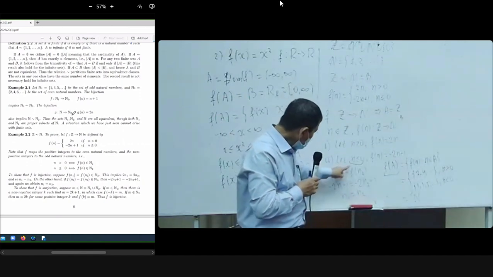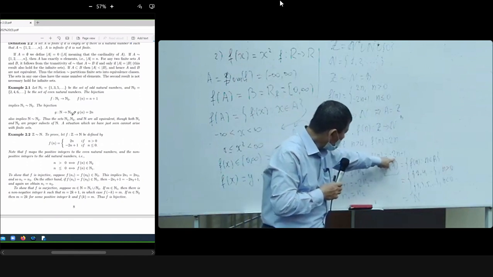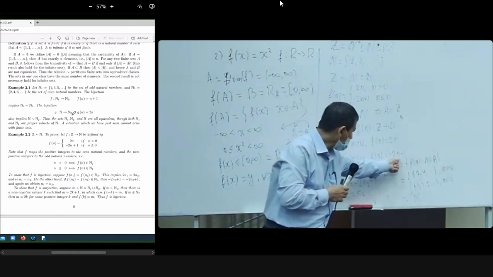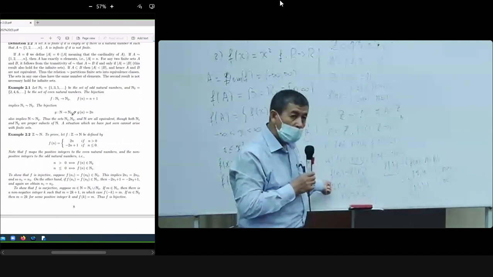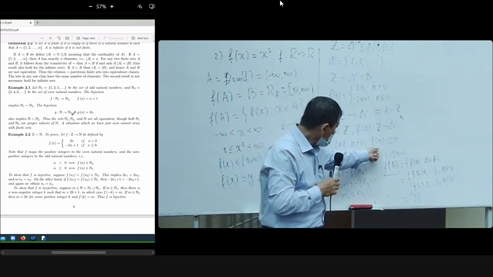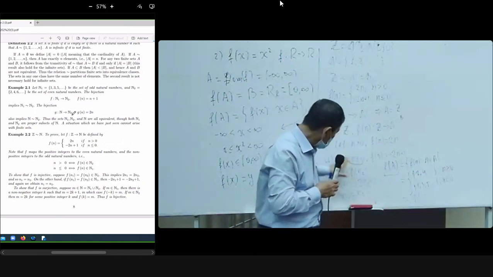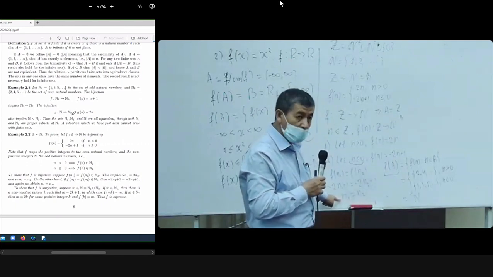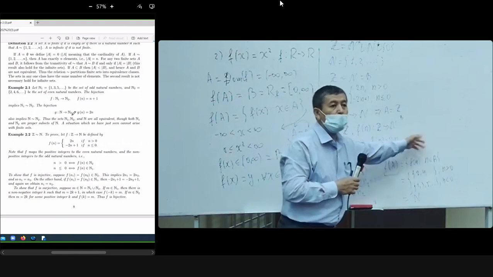Look, under this condition, f of n is minus 2n plus 1. I just use this function. Yeah, for this case, you can prove the same thing: if n equal to n1, yes, because 2n1 equal to n.